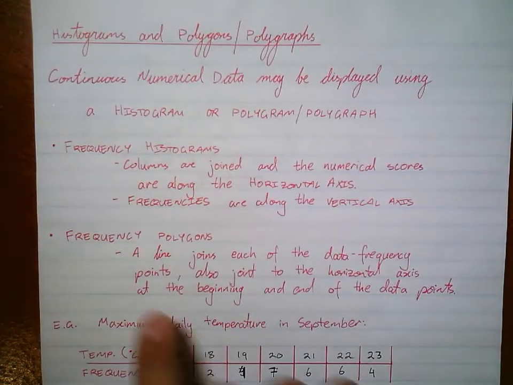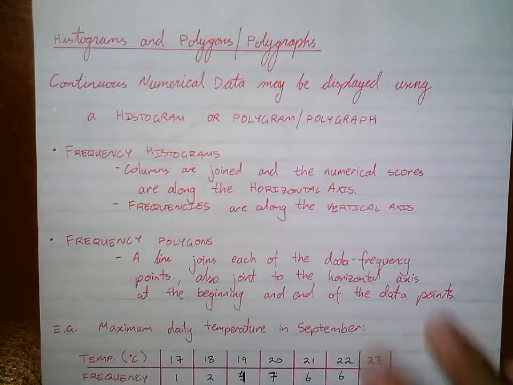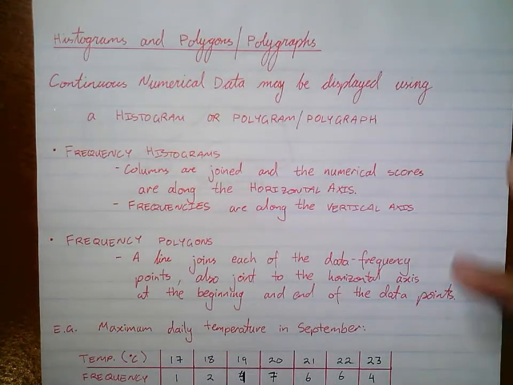In a frequency polygon, a line joins each of the data frequency points, and it also joins to the horizontal axis at the beginning and end point of the data points.